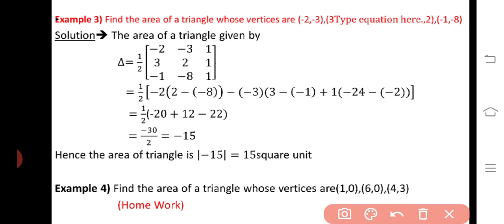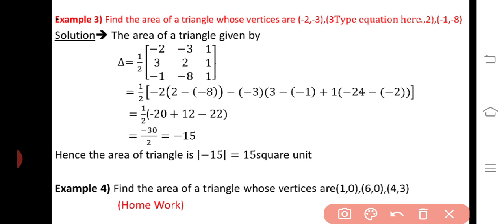Minus 3, minus of minus 3 into delete second column, first row: 3 ones are 3, minus 1 into 1 is minus 1. We get plus 1 into delete first row and third column: 3 into minus 8 is minus 24, minus of 2 into 1 is minus 2.